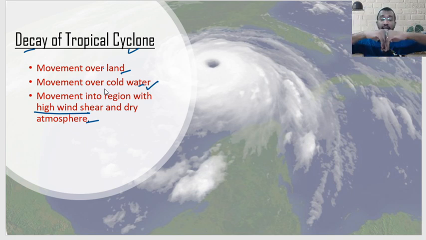If it is higher in capacity, it will not allow the cyclonic event to strengthen. The moment you have a high wind shear or higher downdraft, you also have a dry atmosphere across that region. It's not moist. So because of all these conditions, the tropical cyclones decay across different regions.